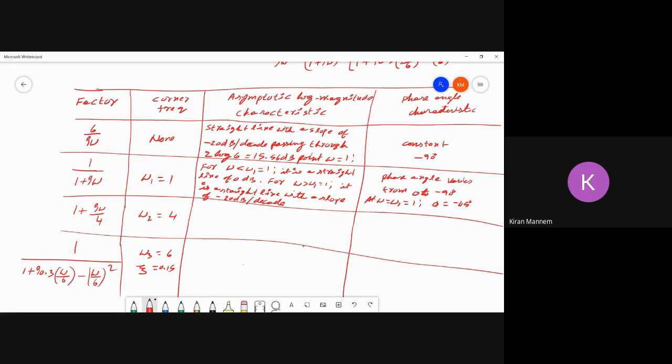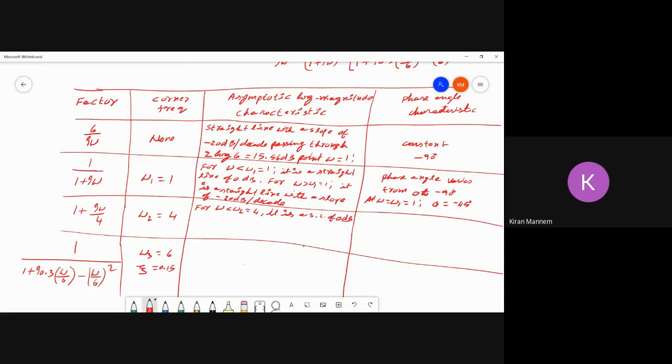So I write it here, same for omega less than omega 2, which is equal to 4, it is a straight line of 0 dB.